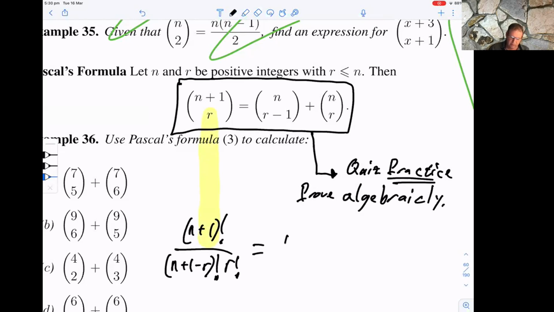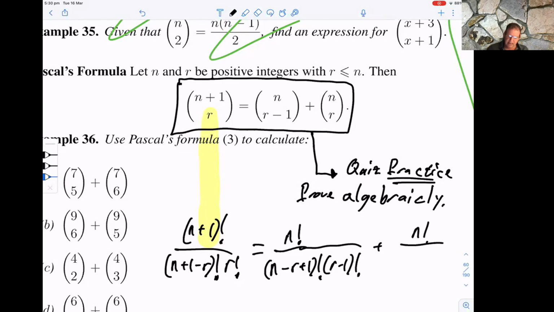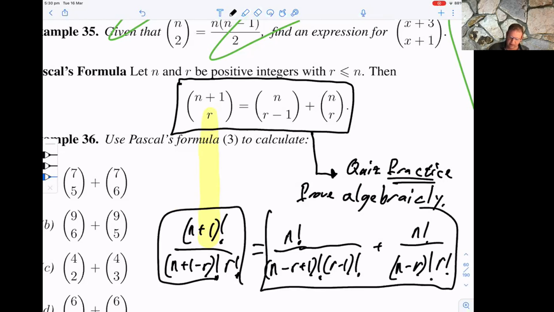Then write equals n factorial divided by n minus r plus 1 factorial times r minus 1 factorial plus n factorial divided by n minus r factorial times r factorial, and show that the left-hand side equals the right-hand side. You guys remember how to add fractions, a common denominator.